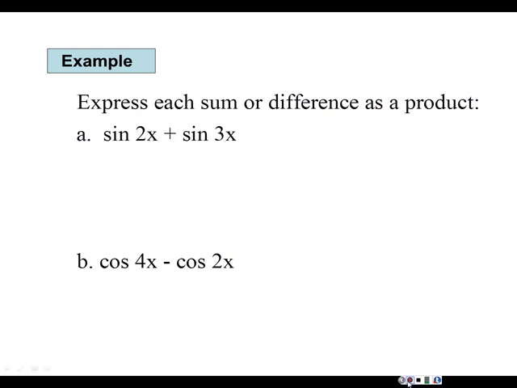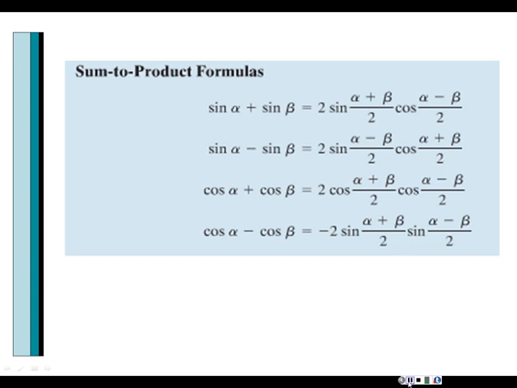So for cos 4x minus cos 2x, your option is straight, which is the last one, right? And here the alpha is 4x and beta is 2x. And if you notice, on the right side, the formula starts with the negative sign.